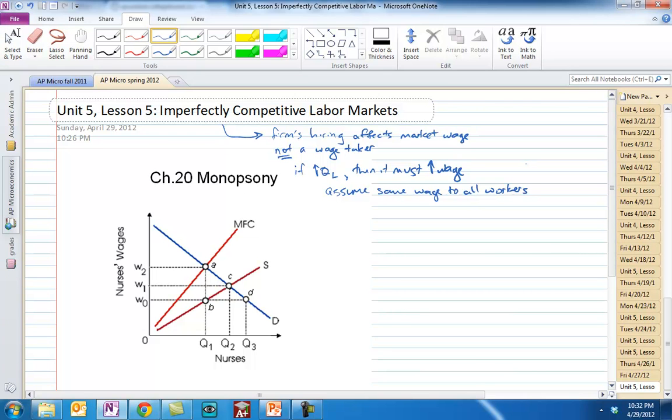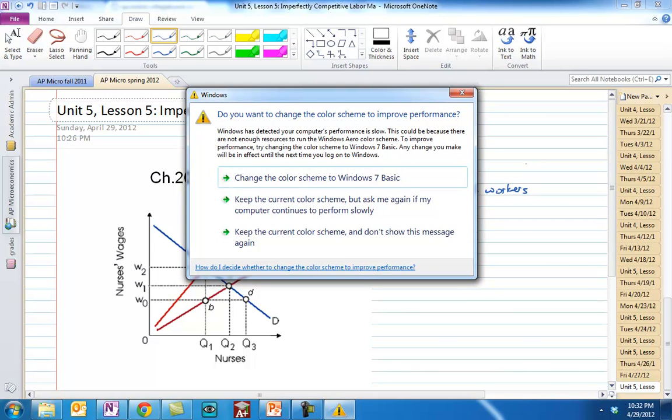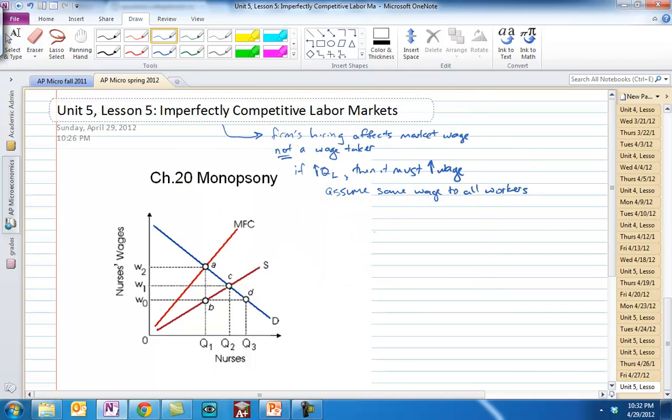And so examples of this would basically be, in a small town especially, but this could even happen in a big city like Indianapolis. I've used the example before of Eli Lilly and research chemists. If you are in a small town, my sister-in-law grew up in Connersville, and her father worked at a Ford plant there.